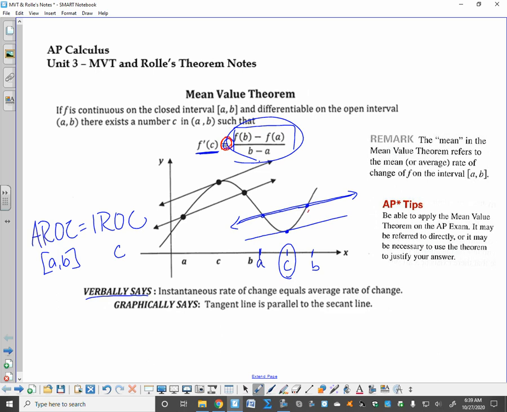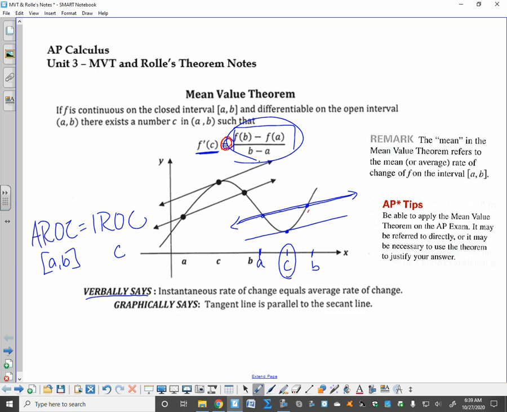All right, let's look at the AP tip. Be able to apply the MVT theorem on the AP exam. It may be referred to directly, like by name, or it may just be necessary to use the MVT to justify your answer. So they may not come out and say, hey, you need to use this theorem. You just need to know that that's what you're using.